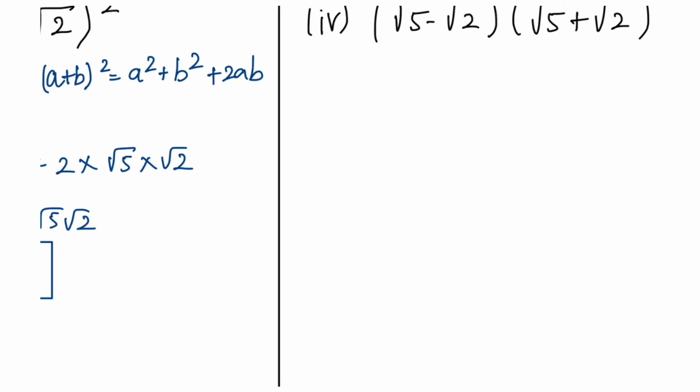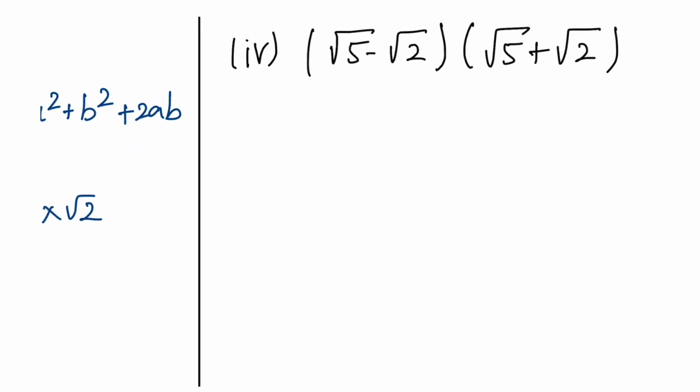Okay, now moving on to the next subdivision, we have another one using the same formula that we already dealt with. Right, it's of the form a plus b into a minus b, isn't it? So when it is of that form, you can just straight away convert it into a squared minus b squared and then evaluate it, and that would be much simpler.